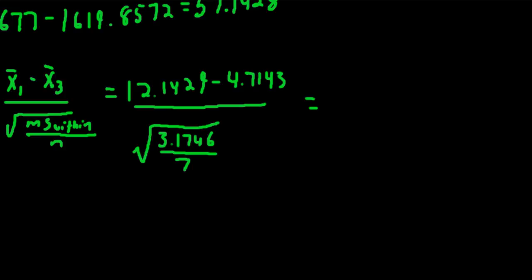So we take 12.1429, subtract 4.7143, we get 7.4286 over 3.1746 divided by 7. We take the square root, and we get 0.6734.